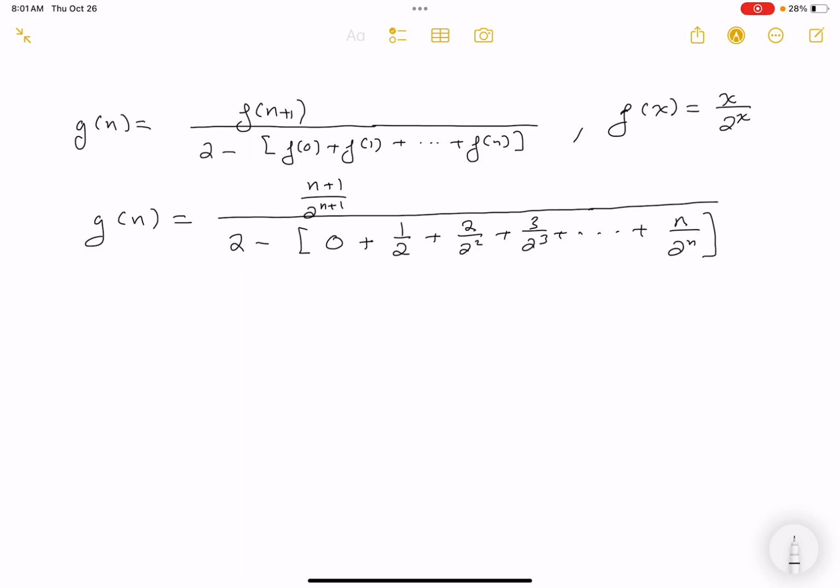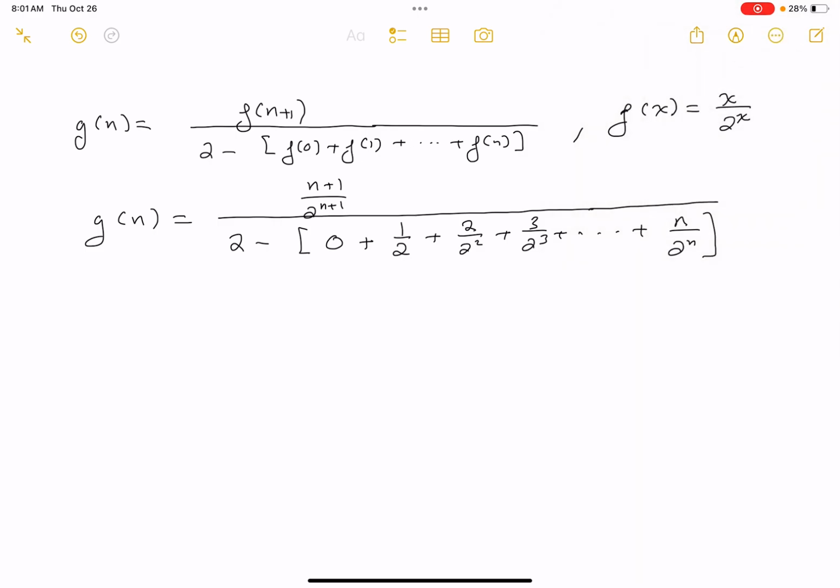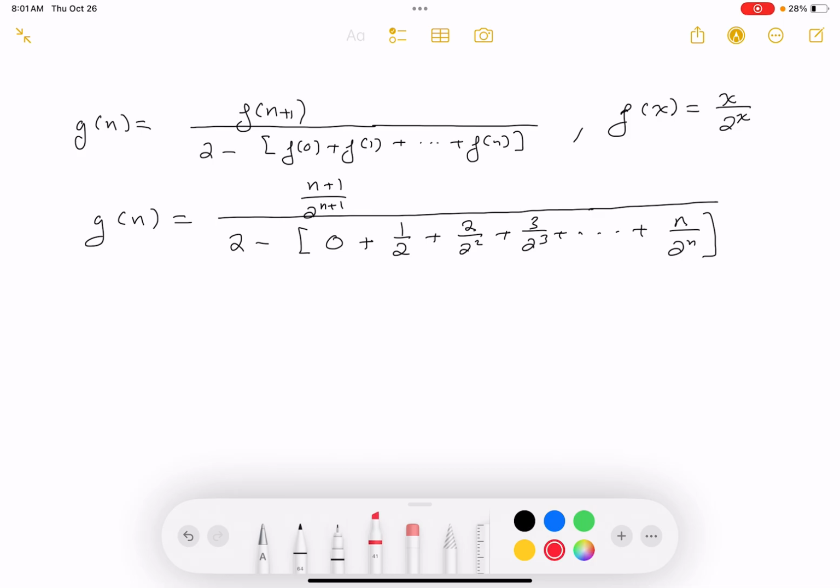All right? So I got something. And the question is, what do you have over here? I have something that I need to figure out, and it looks familiar to me. I need to figure out this sum. By the way, I'm not too worried about the 0, but I'm going to write it down as Sn.